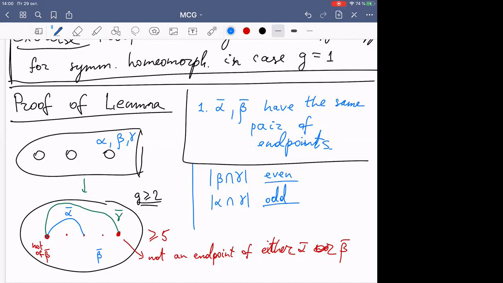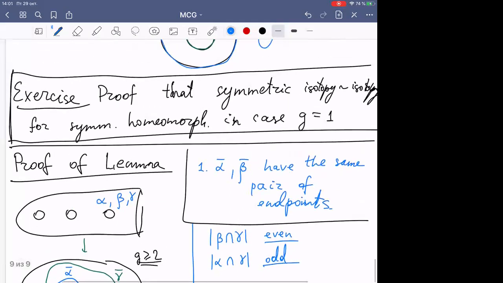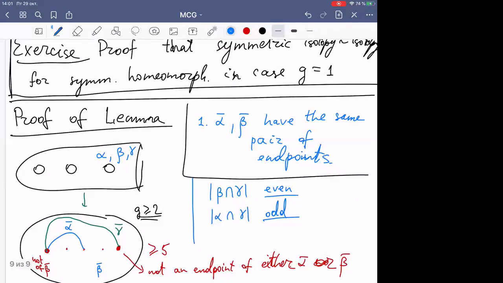Okay, but the number of intersection points modulo 2 is a homology invariant. It is just the algebraic intersection number. So we have an even algebraic intersection number and an odd algebraic intersection number here.